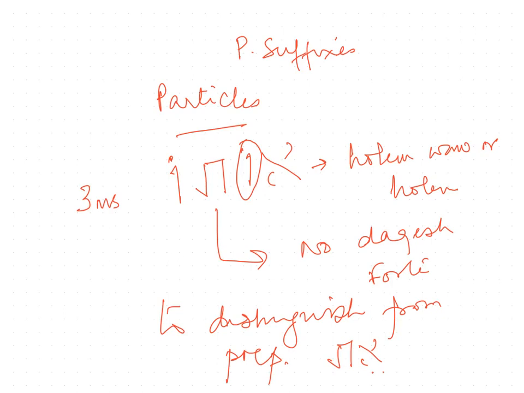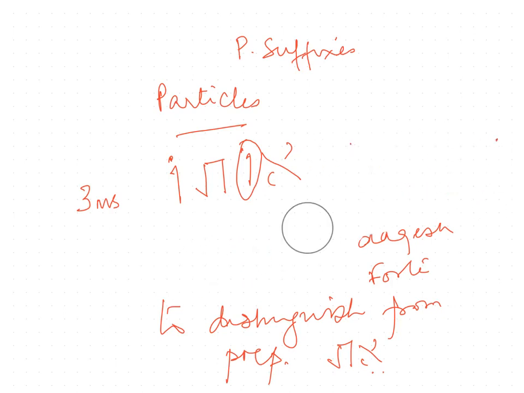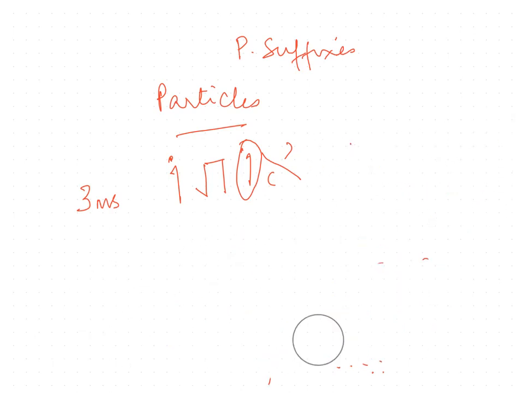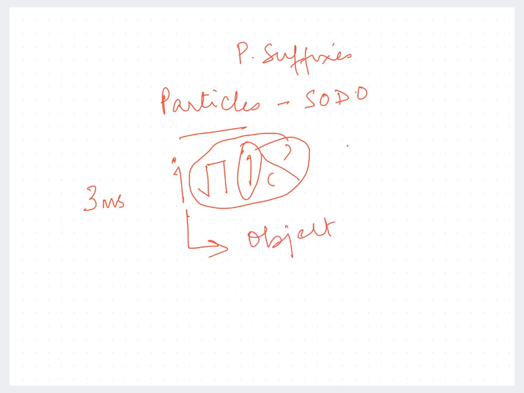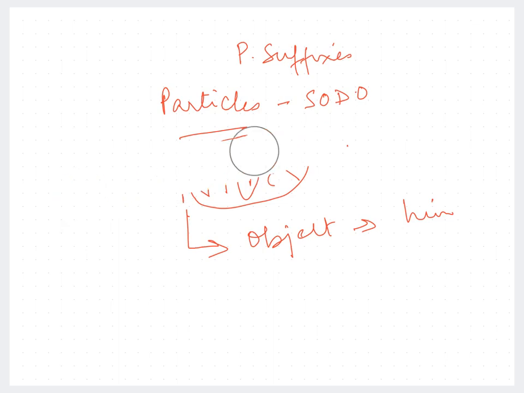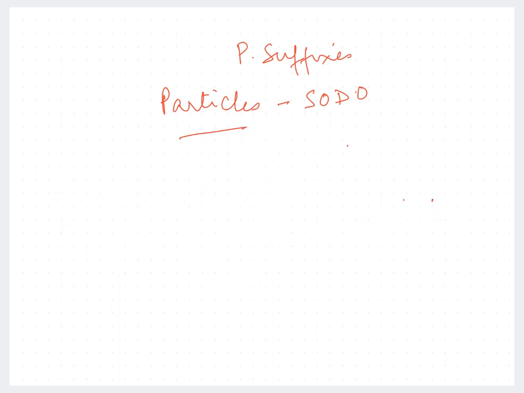Now, remember the sign of the direct object is never translated. So you're never translating this part, you're only translating the suffix like an object. You're going to translate that word only as him.